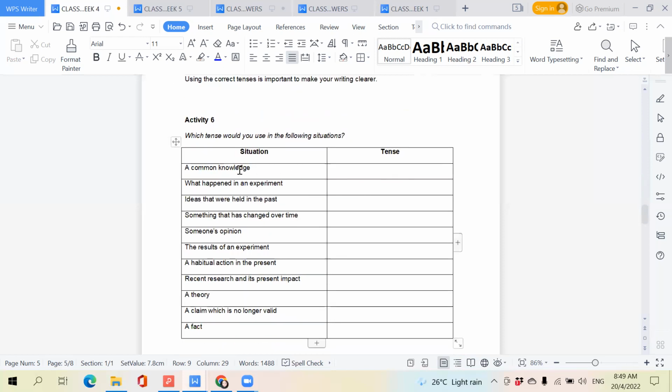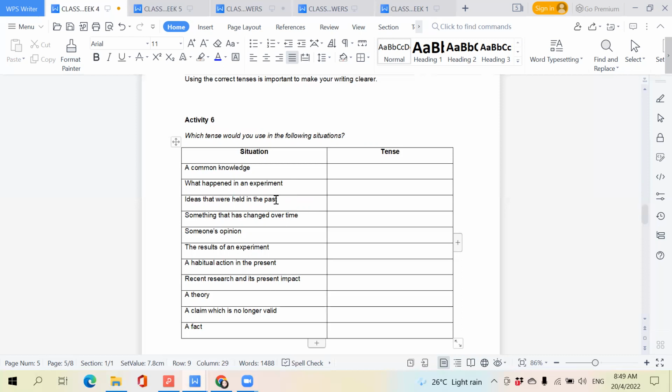For example, here we have different types of situation. You have to determine which tense you would use in this kind of situation. So this is very important. When you write, you have to know the condition or the context of your writing and what kind of tense you should use.